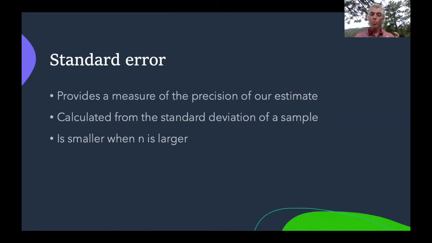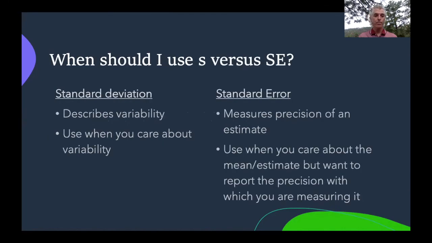The standard error will also be smaller if the standard deviation of our sample is smaller. In the extreme case where our sample has no variation at all, then it doesn't matter how many times we go out and resample, we're always going to get the same estimate of the mean because the observations don't vary.